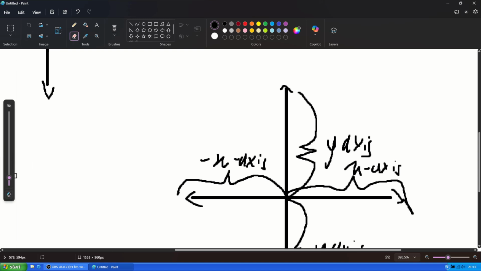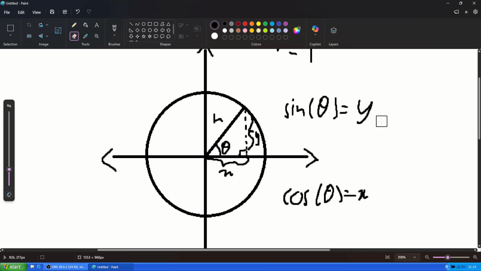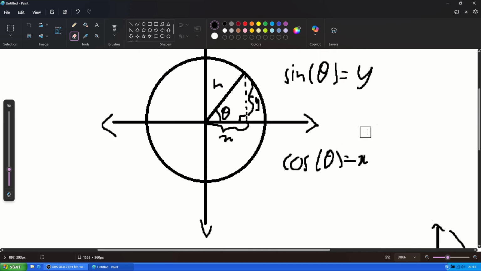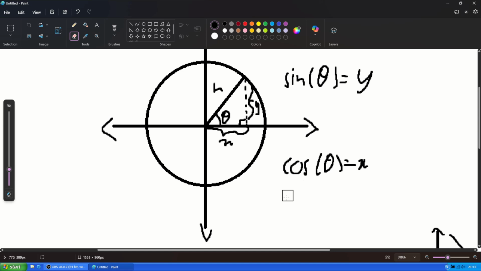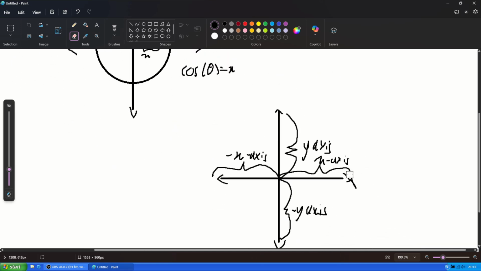All right, guys? Here's where it gets tricky. Remember, we established here that y and sine have a relation, and cosine and x, right? So instead of this being the negative y-axis, and so on and so forth, let's relabel them.